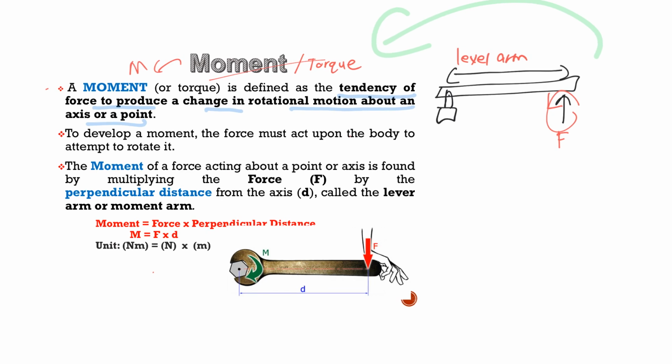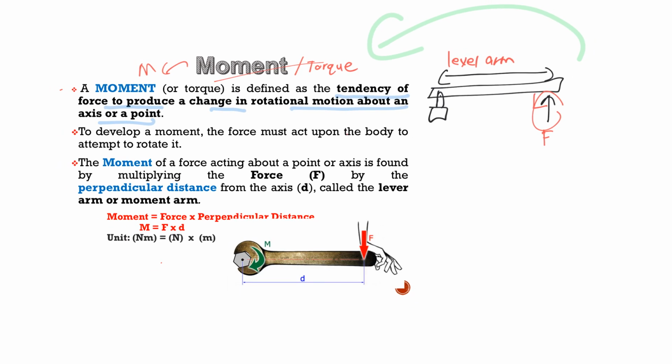So for you to produce a moment, you need to make sure that the force is perpendicular to the lever arm. D here is the lever arm. That's the first rule that you need to understand.